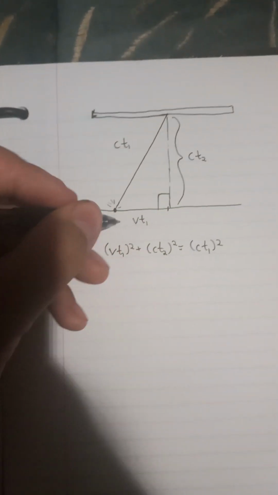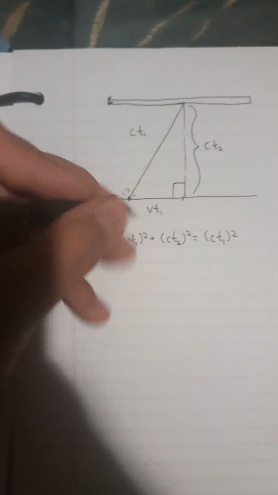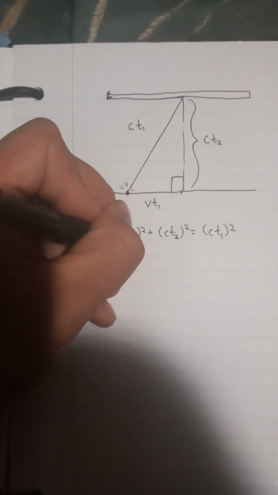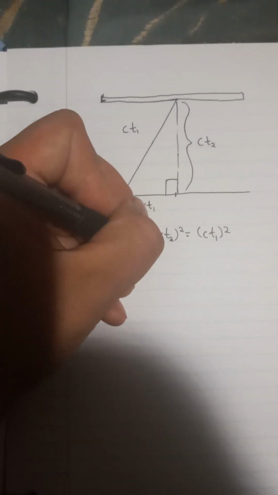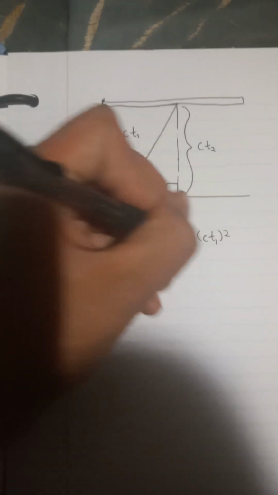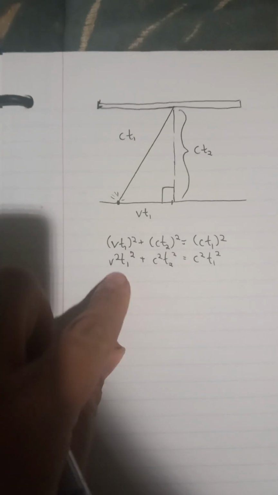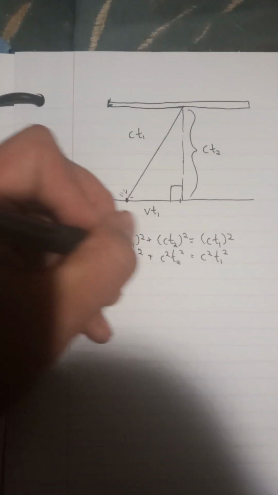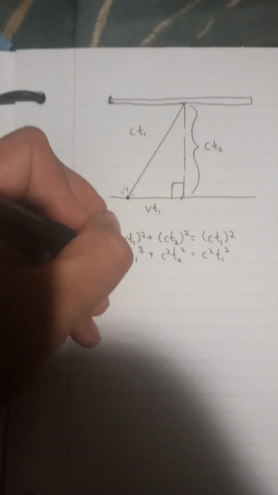Now, we'll go ahead and just distribute all of these exponents, and we'll get v squared t1 squared plus c squared t2 squared is equal to c squared t1 squared. Now, see, we've got a t1 squared here and a t1 squared here, so we just go ahead and divide everything out by t1 squared.